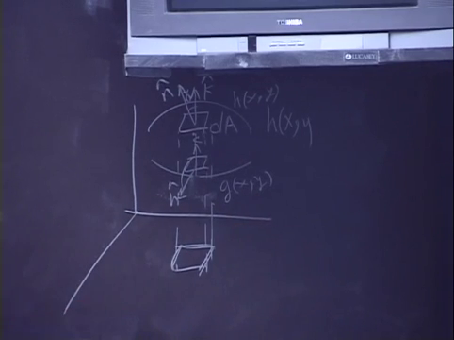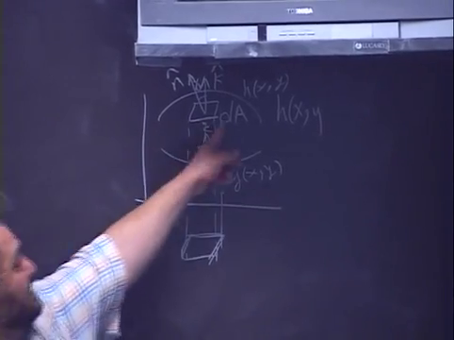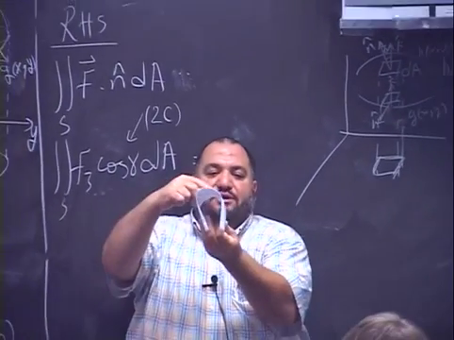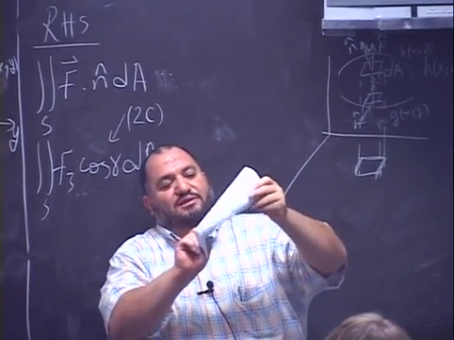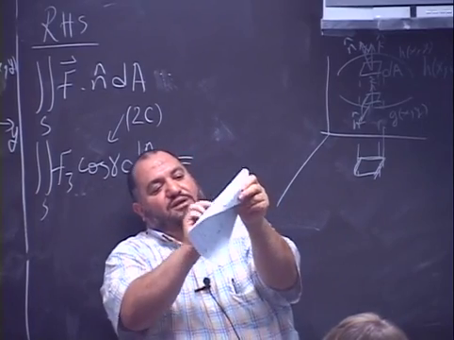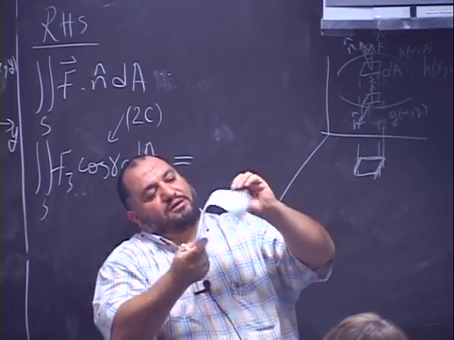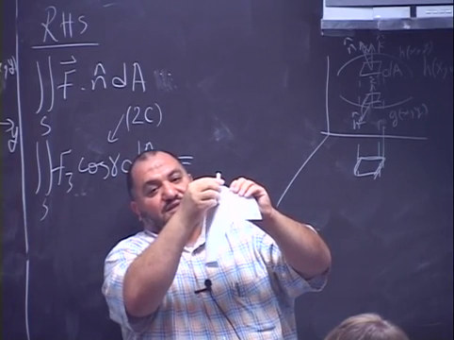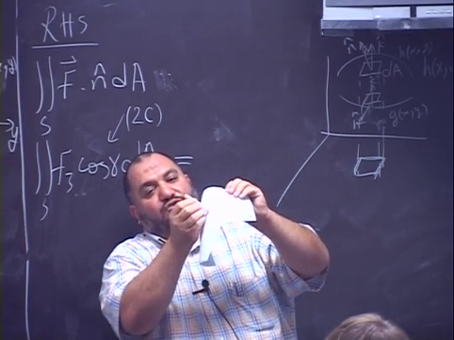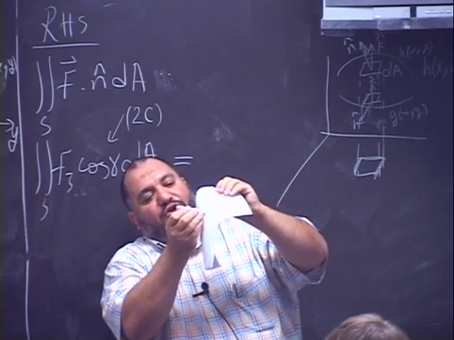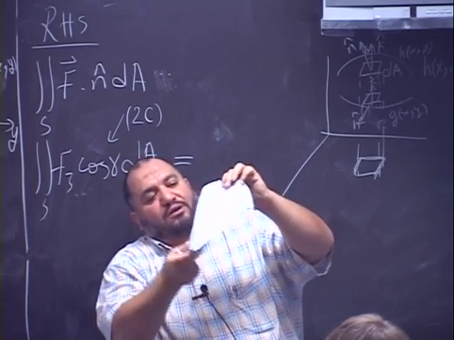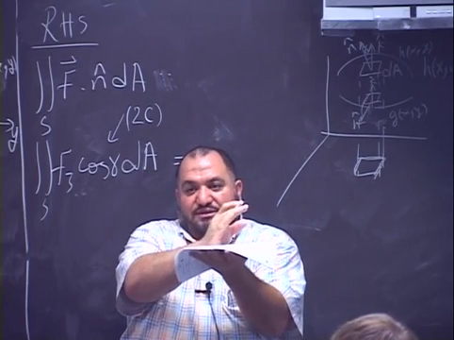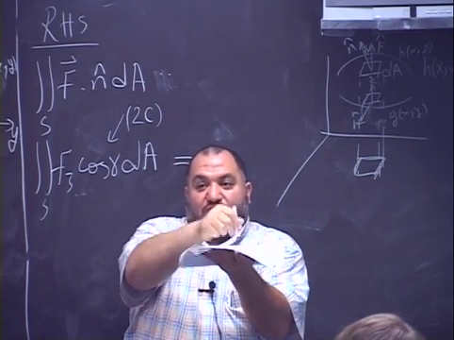What's dA cosine gamma? dA is this area. The area is like this here, for example. Let's assume that our surface is like this. So the area is here, the unit normal like this, and the k is in this direction. So if you wanted to get dA cosine gamma, all you are doing is just making the area to be perpendicular to what? To k, because this is the cosine of the area, yes? dA cosine gamma. What's the area perpendicular to what?